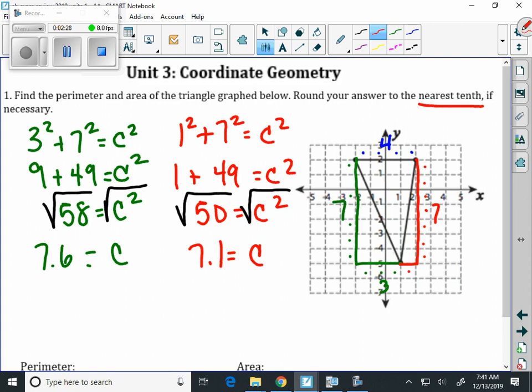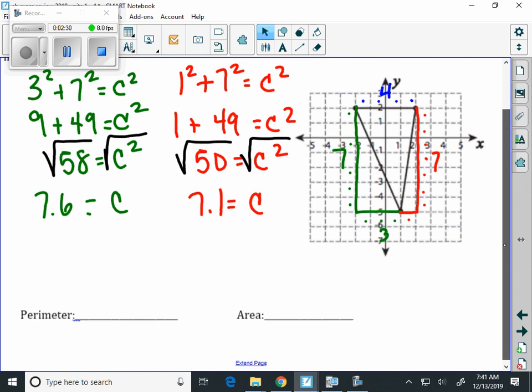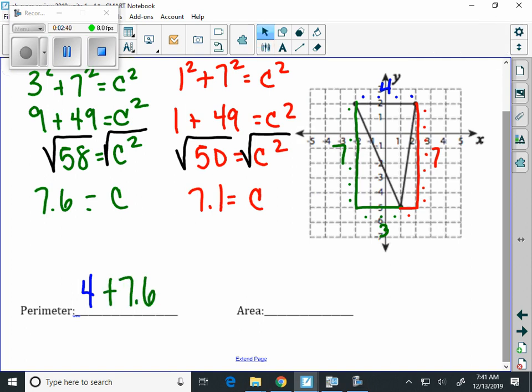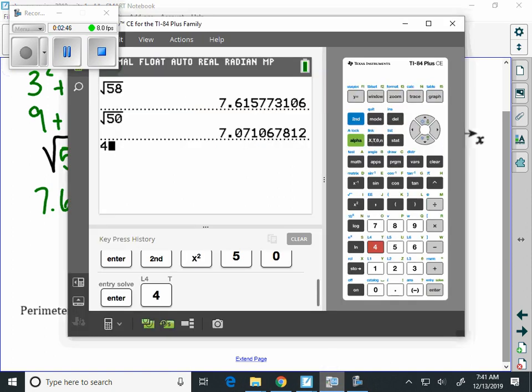So again, when we're finding the perimeter, we had the 4 originally, and then we added to that the 7.6, and we're going to add to that the 7.1. 4 plus 7.6 plus 7.1 gives us 18.7.